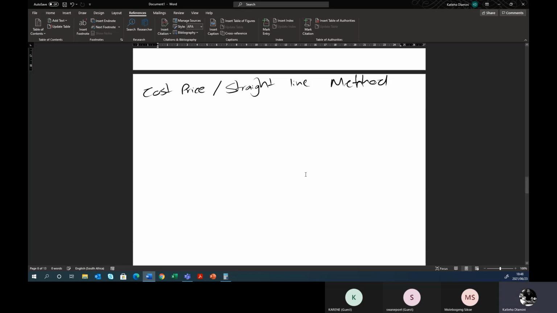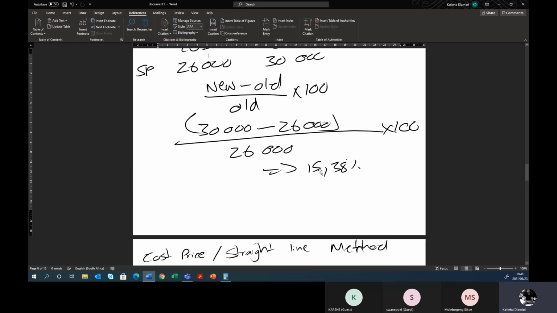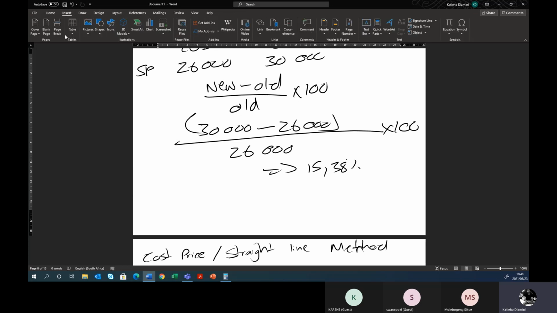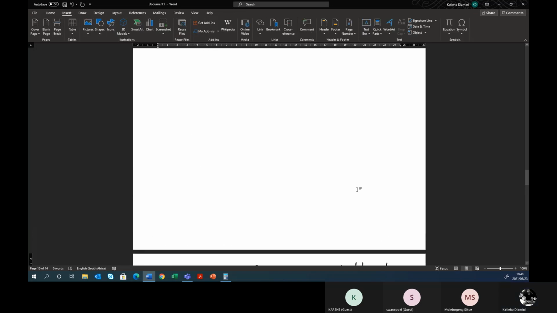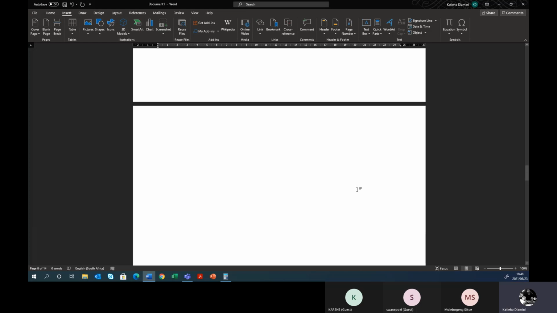Okay, first things first, before I get to depreciation. If they say to you, your cost price is 500,000, and your useful life of the thing is 5 years. What they mean by useful life is that it's only going to be worth value for 5 years. After 5 years, it'll be worthless and you'll dispose of it.